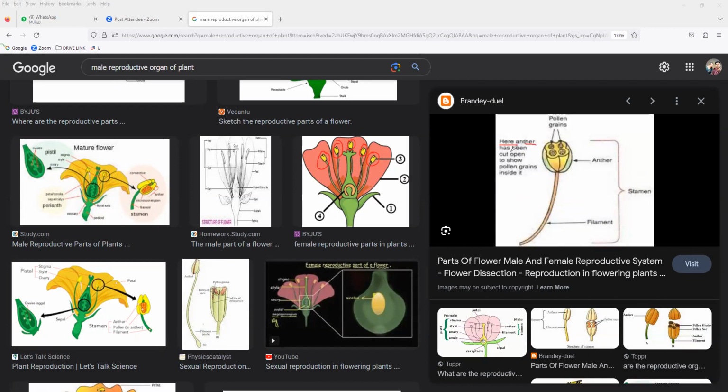Here the anther has been cut open to show the pollen grains inside. Pollen grains are present in pollen sacs. So filament plus anther together we call stamen, the male reproductive part of a flower.